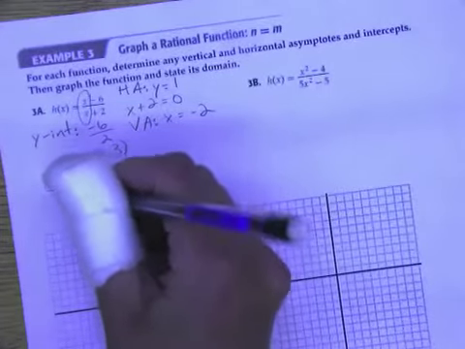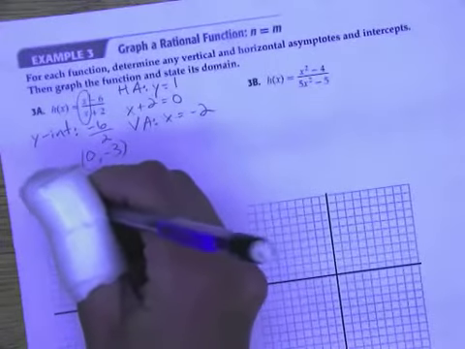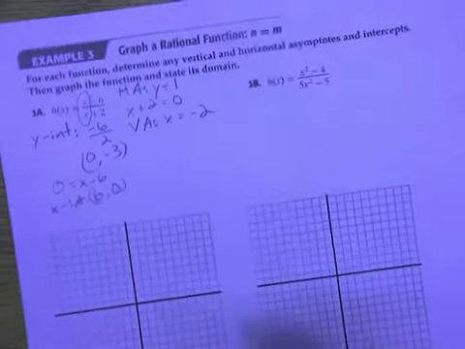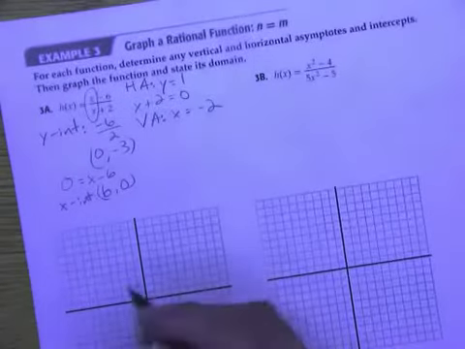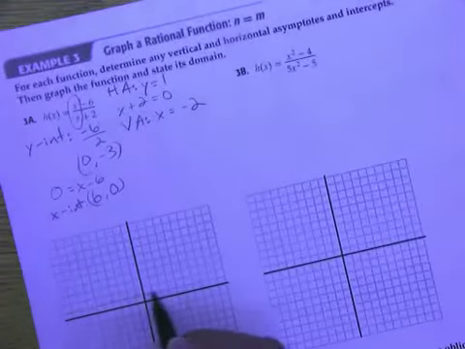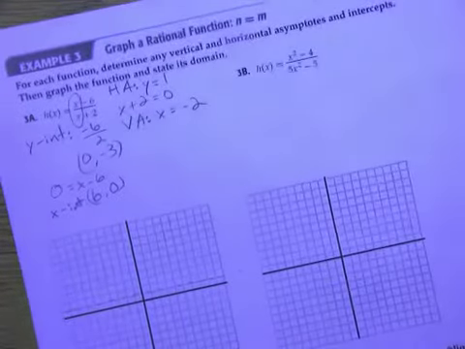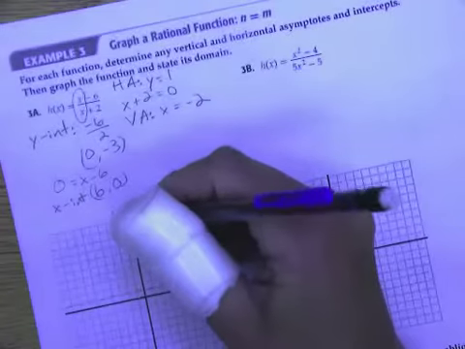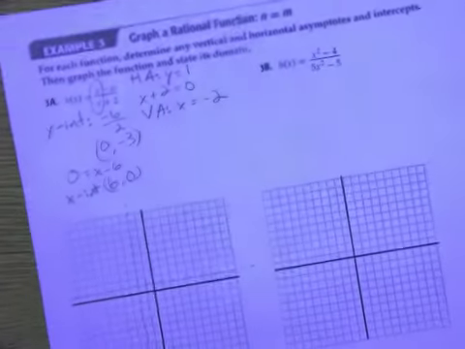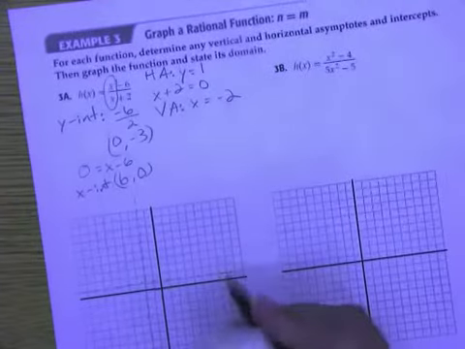Well, that's here. So what I'm looking for is for 0 to equal my numerator. So x will equal 6 when y equals 0. That's my x-intercept. So let's take all this information we've gotten and graph it. My horizontal asymptote is here.